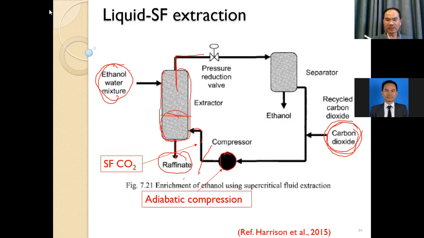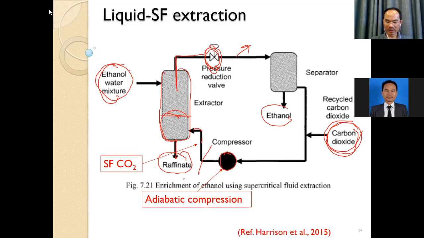And then we can reduce the pressure and temperature by the release valve, the expansion valve. And then we will separate ethanol and carbon dioxide below the critical temperature. The carbon dioxide here is not supercritical, it is gas phase carbon dioxide.